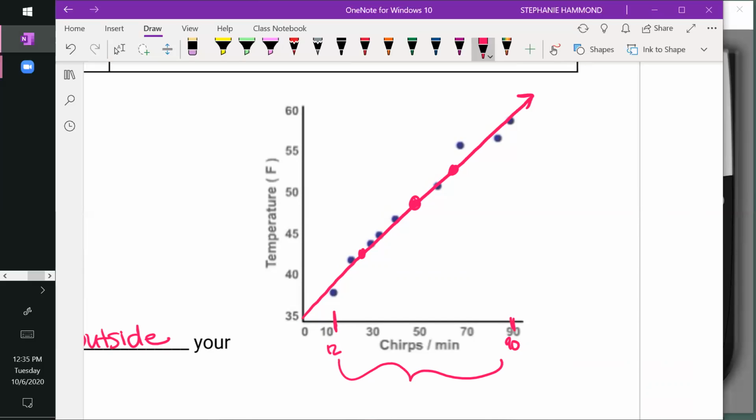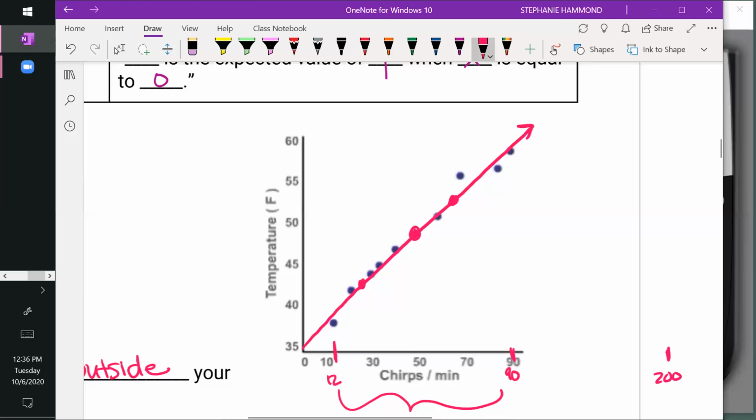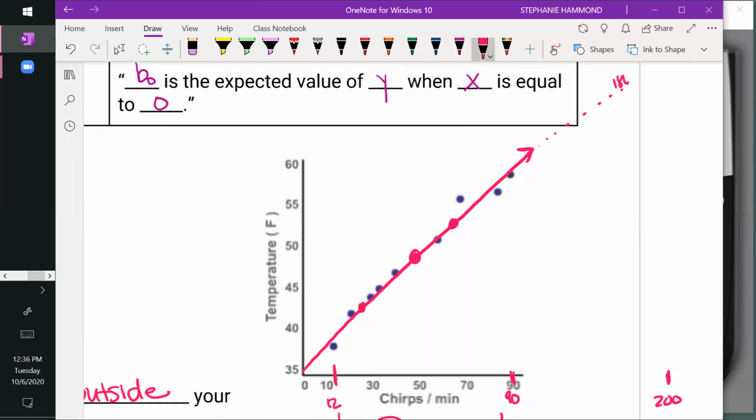And they gave a great example of why you don't want to do this in the APEX video for this section. I forget the actual numbers that they say, but they say something like, if you were asked to find the temperature when this grasshopper had chirped 200 times, you could use your calculator, and your calculator would tell you for sure that that value would be, I don't know, like 180 degrees.